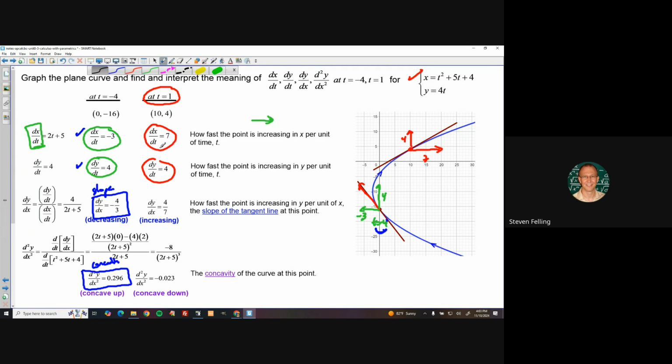And then when you combine those together, it's 4/7. So 4/7 is the slope of this tangent line on the xy plane. And the second derivative means the concavity. So since it's negative, the curve is generally curving down in this region. So each of the 4 derivatives gives a specific meaning. That's the main point of this slide.